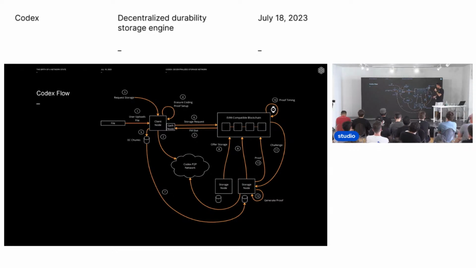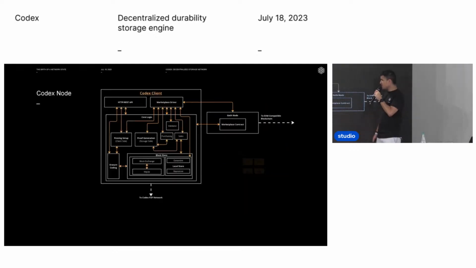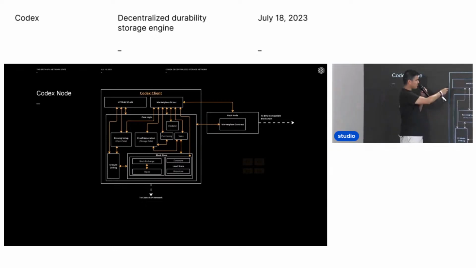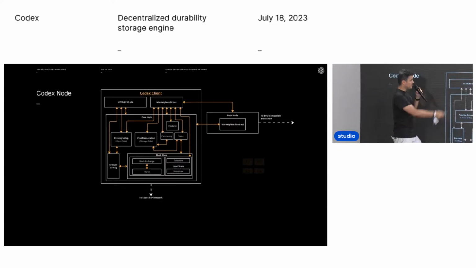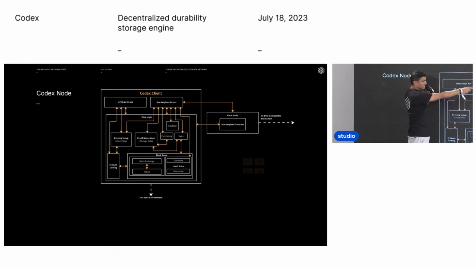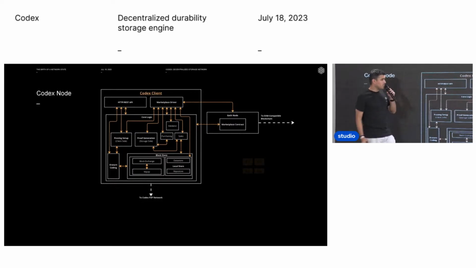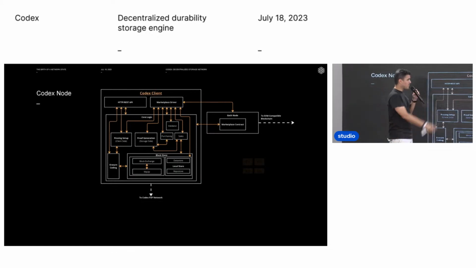All right, and then just to finish, I want to give a quick overview of the Codex client, for those that are interested. This is more or less the structure of this software. You have the HTTP REST API here, and the marketplace driver that communicates with the marketplace contract, that is probably on a Geth node, assuming you are running Ethereum, the EVM-compatible blockchain.